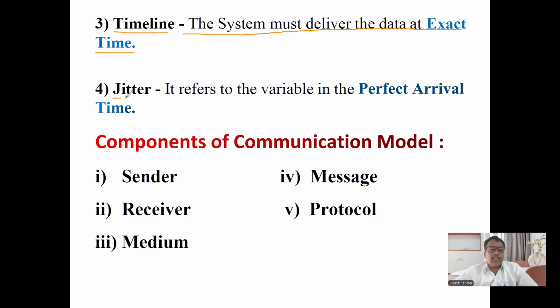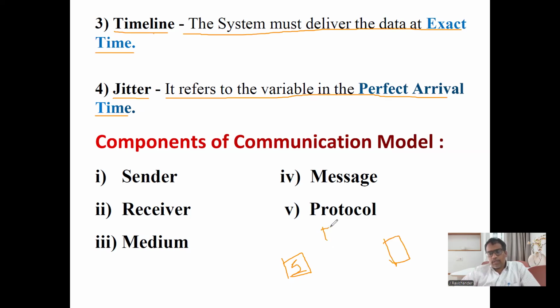And another characteristic is jitter. It refers to the variation in the arrival time. When we are sending the data, all the data may not transmit from sender to receiver through one particular path. It takes different paths. For example, if it is a network, this is sender, S, this is receiver.